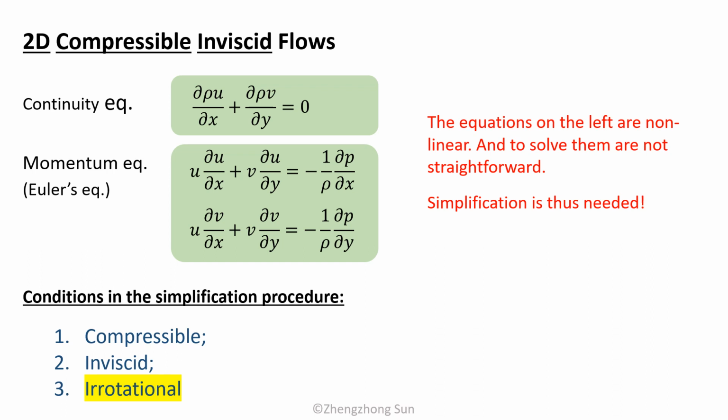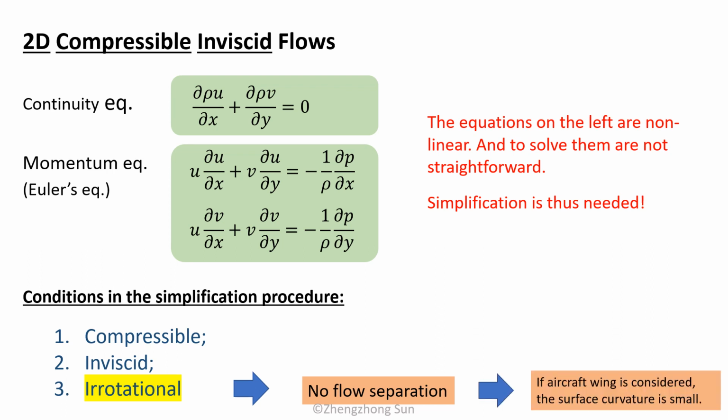So what does irrotational suggest? What is the physical interpretation of the term irrotational? More straightforwardly, irrotational suggests there's no flow separation. Further, since we're considering aeronautical engineering, if an aircraft wing is considered, the wing's surface curvature is small.